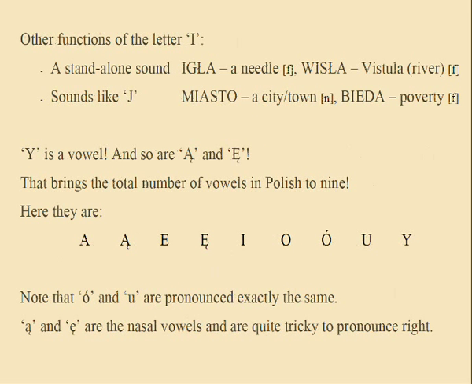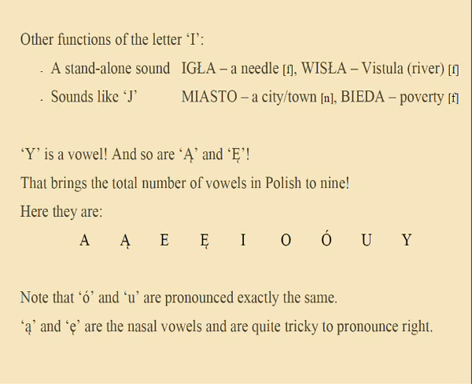The letter I is multifunctional. It can be a separate sound, as in the word igła, meaning a needle. It can soften some consonants, as in the word ciasto, which means a cake or dough, or sound like the letter J, as in the word miasto, which means a city or town, or as in the word wioska, which means a village.